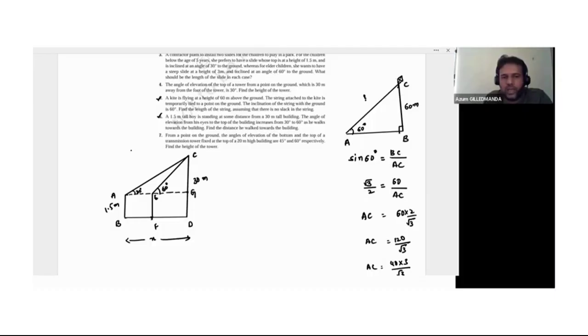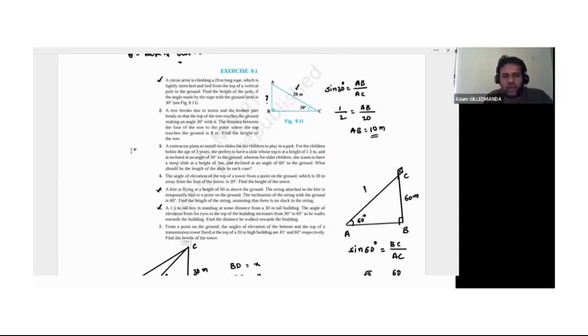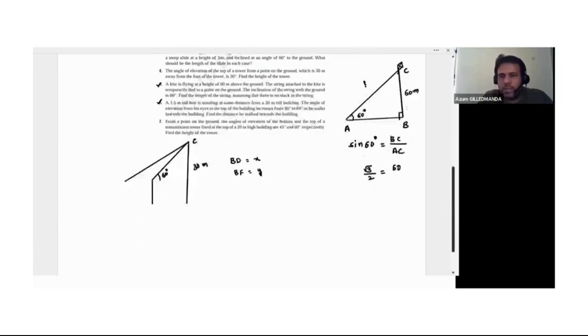So let's say the distance BF that he walked is y. The total distance BD is x. So here we are assuming BD as x meters, and BF, where he walked to the new position, the distance from B, is y. Then what is DF? DF becomes x minus y, right? If the total distance is x and this is y, this becomes x minus y. Let me check that.